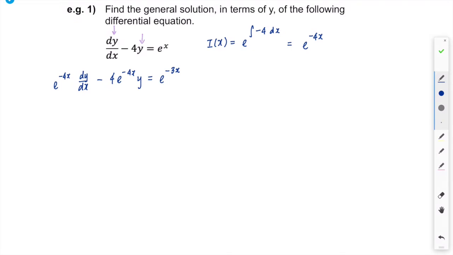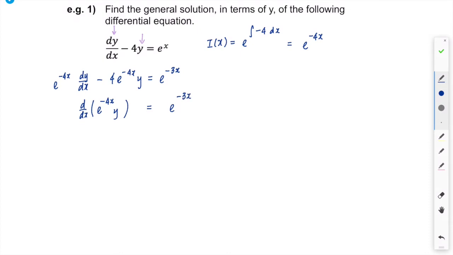Because when I examine the left side, it resembles the product rule of the function, so the derivative of the function e to the power of -4x, no change in the first term, multiplied by a function that is not changed in the second term, which is y. Okay? And my right side is still e to the power of -3x.